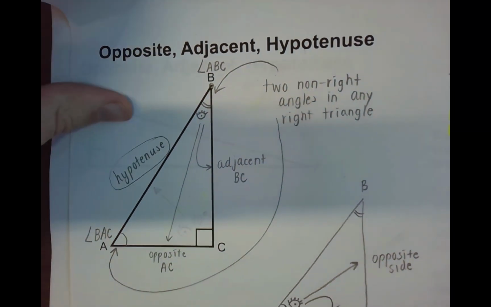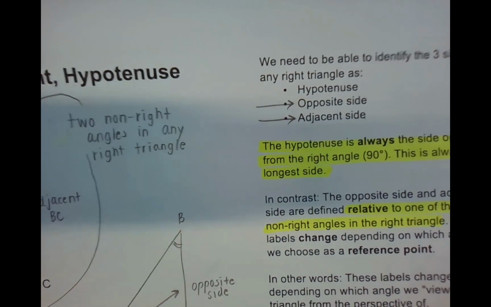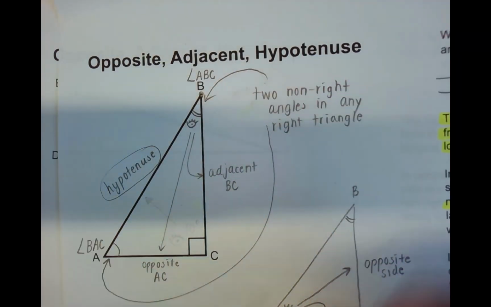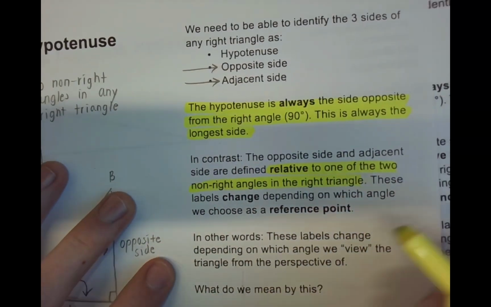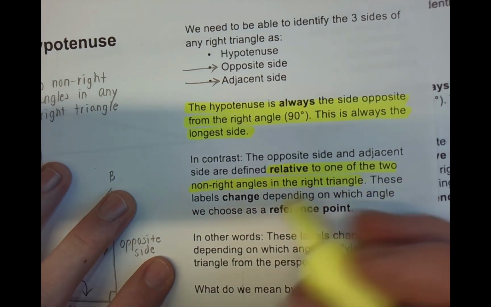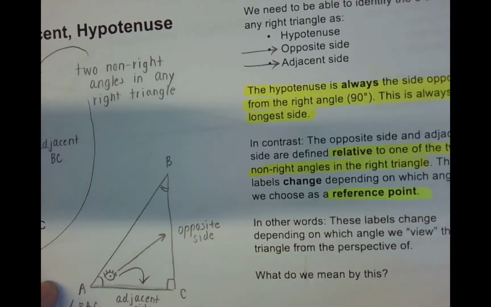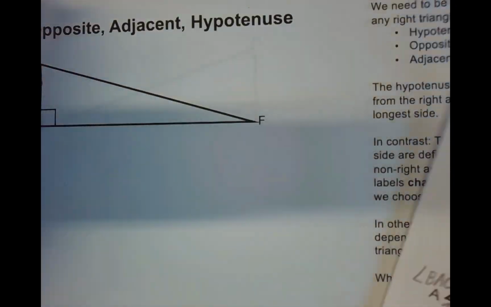But for the labels of opposite and adjacent, it actually matters where I am viewing the triangle from, or what's my reference point. Which of these angles is my reference point? So that's kind of what I mean by that. So let's just try that out in some other examples.